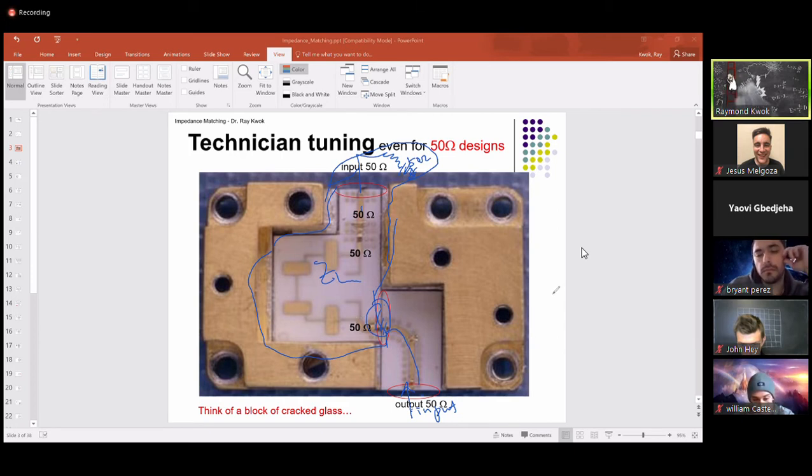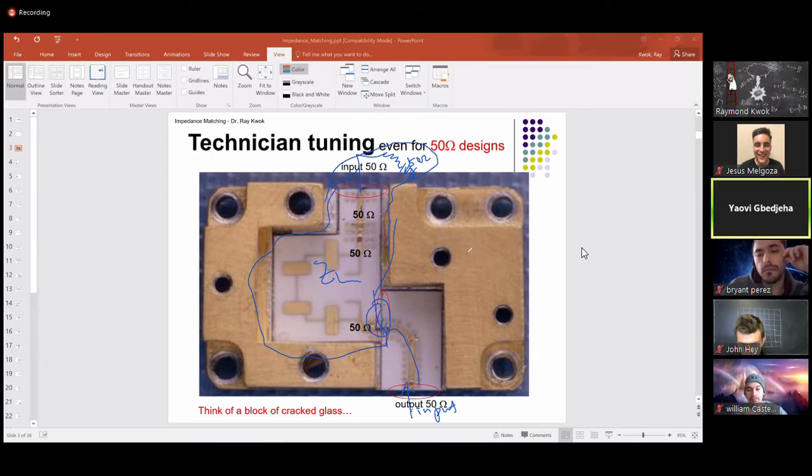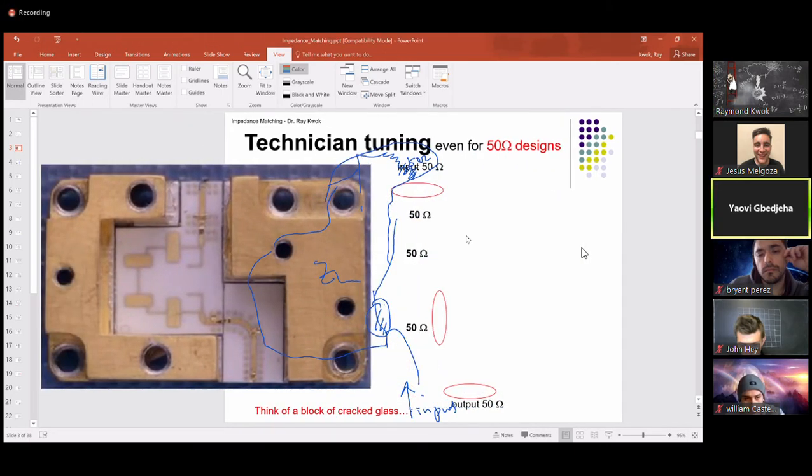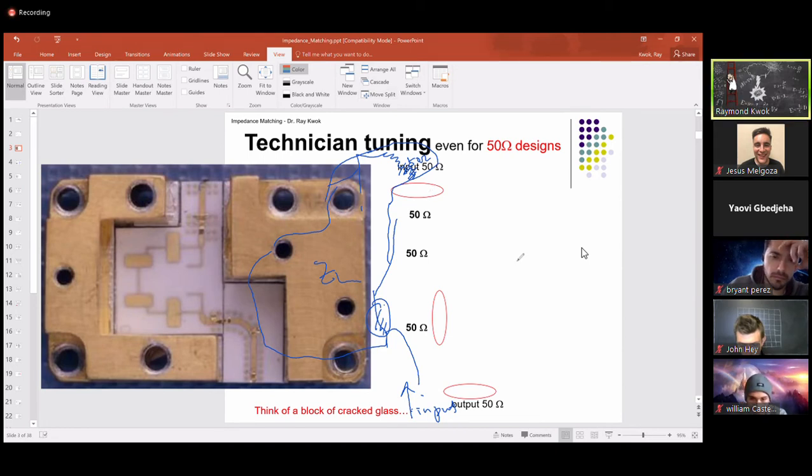So I have a 50 ohm transmission line here, and then a load, including this junction. That's looking at it from one side only. If the technician wants to look at it from the other side, then he would consider the other. In reality, we need to do a 2-port network. But right now, let's say I have a circuit. I don't know what that circuit is, just a 2-port circuit. On this side, I terminate at 50 ohms, and here I have a piece of 50 ohm transmission line in front.